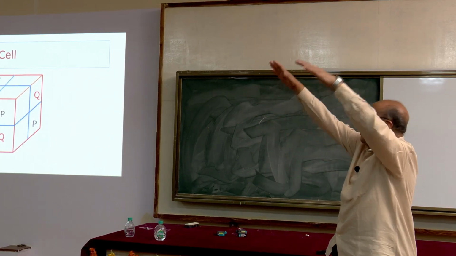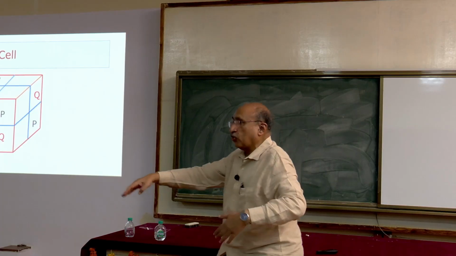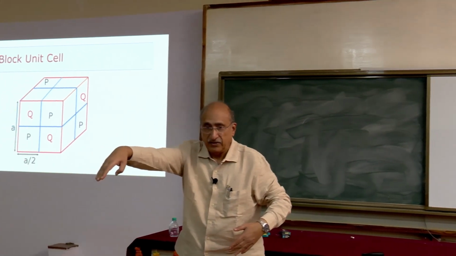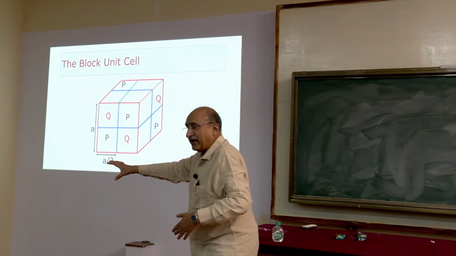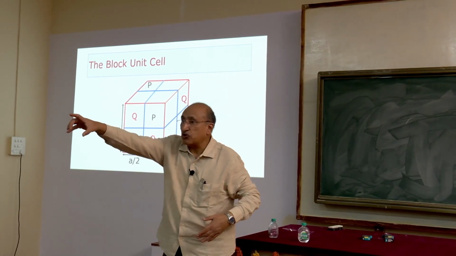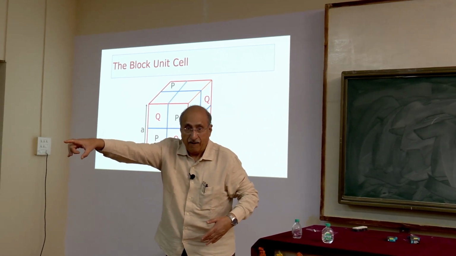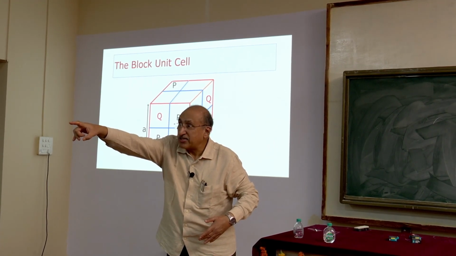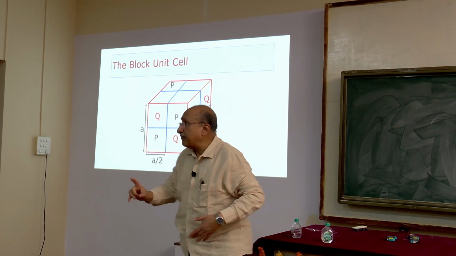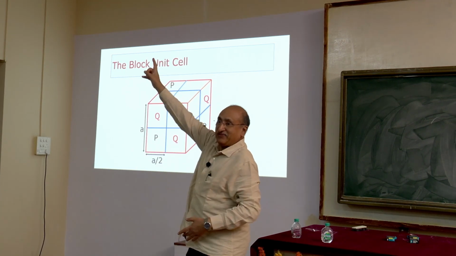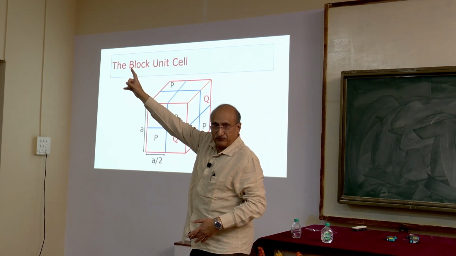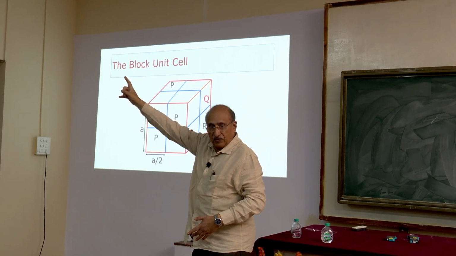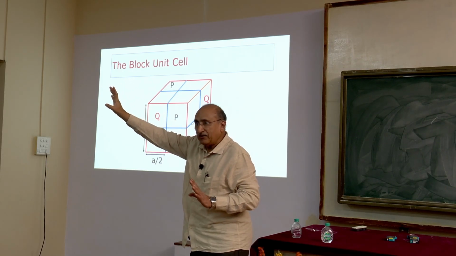So, let's assume this base, there is one particular smaller cube here, there is one particular smaller cube there. Whatever is the distribution of ions here is different from the distribution of ions there. But the distribution of ions there will be similar to the distribution of ions above this. Alright, have you understood it?